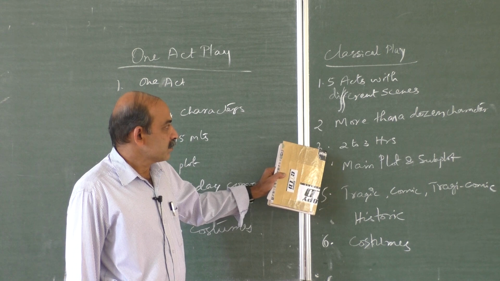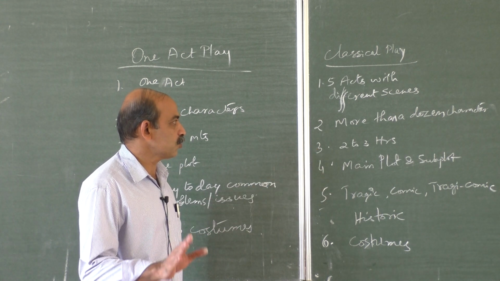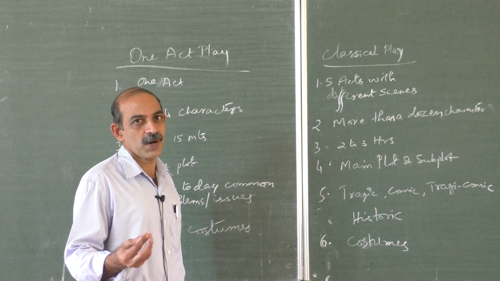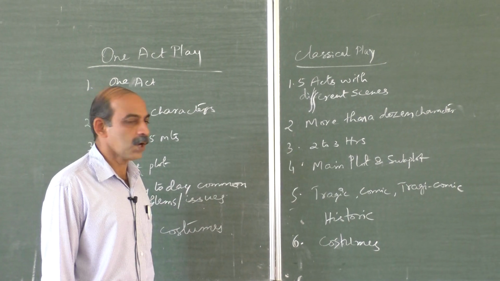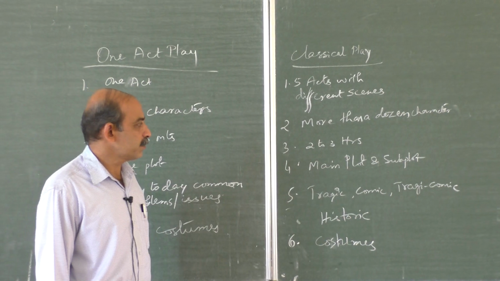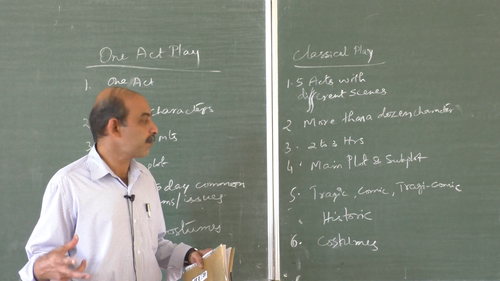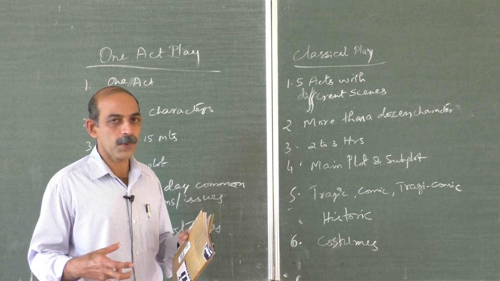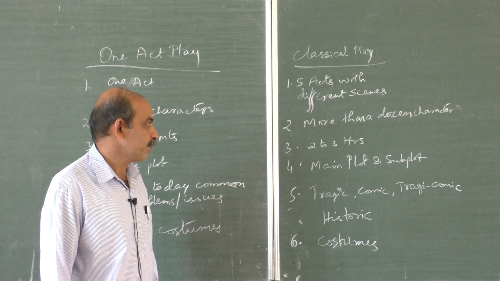Third point is usually 2 to 3 hours, the time duration to stage the play. If you want to enact it on the stage, you require minimum 2 hours. Fourth point, in all classical plays, main plot and subplot, 2 different plots, and the playwright has to have a skill to interweave these 2 plots, and they have to have a close relationship.